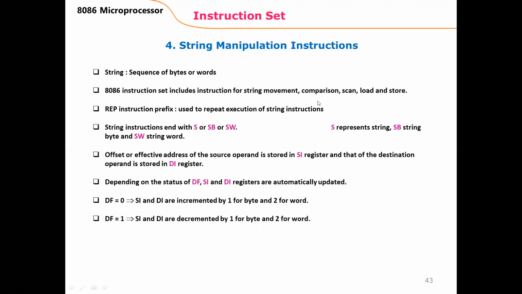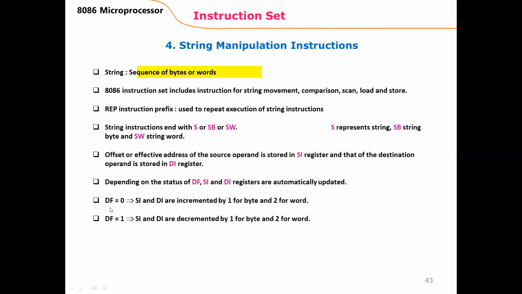In the case of string instructions, these instructions end with S, SB or SW. SB refers to the byte operation. SW refers to the 16-bit operation, meaning word operations. During the flag class, I explained the different conditional and control flags.